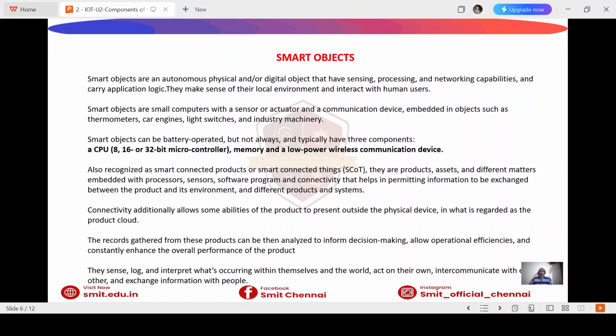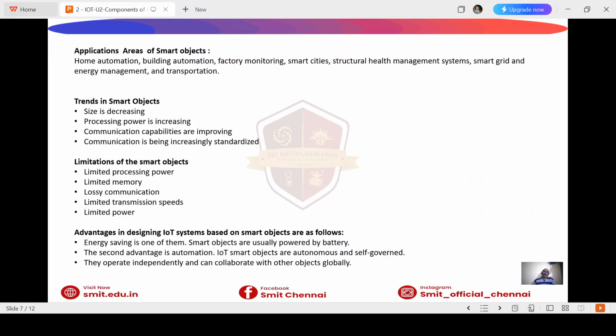They sense, log, and interpret whatever occurs within themselves and the world, act on their own, intercommunicate with each other, and exchange information with people. Application areas are home automation, building automation, factory monitoring, smart cities, wherever you can embed these small objects. Even transport, and mainly smart grid as well as energy management can have smart objects.